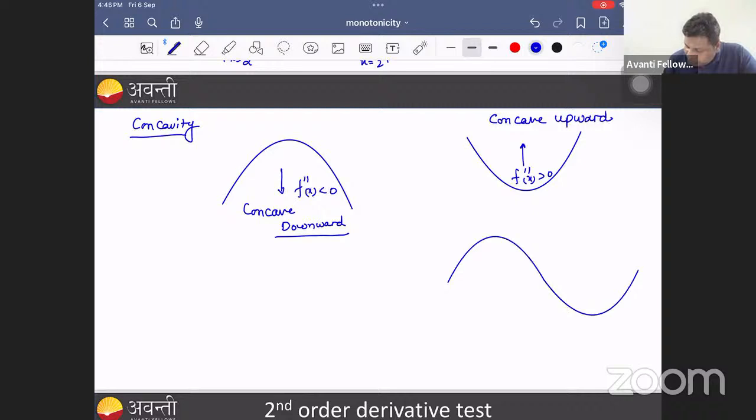Like here, if you see, there is this point. Say this point is x equals a. Before x equals a, you see it is concave downward.